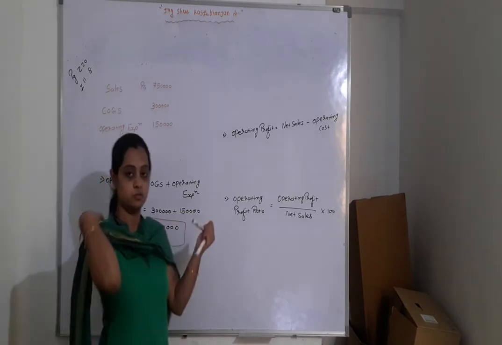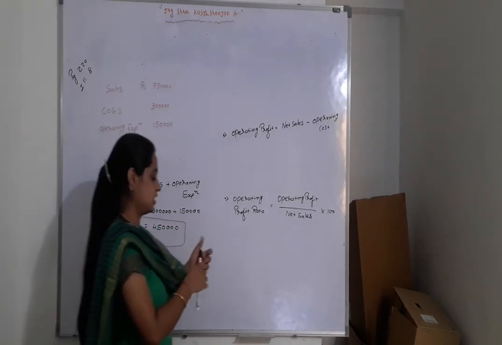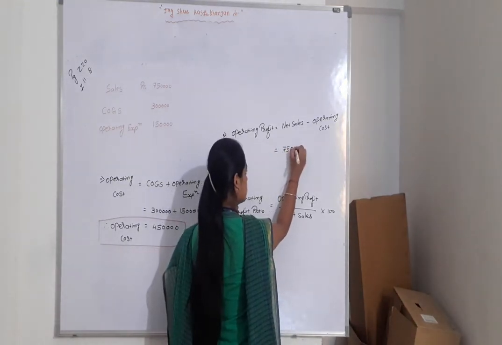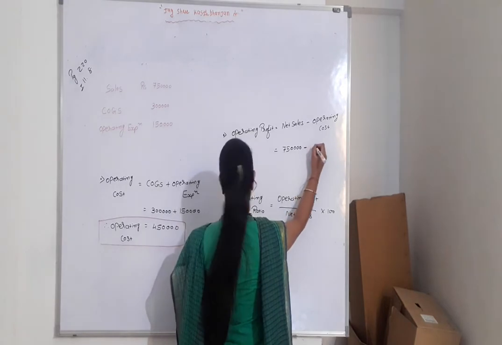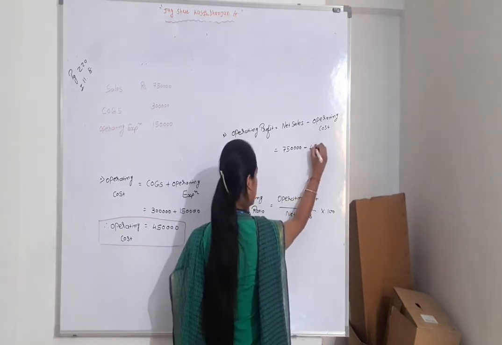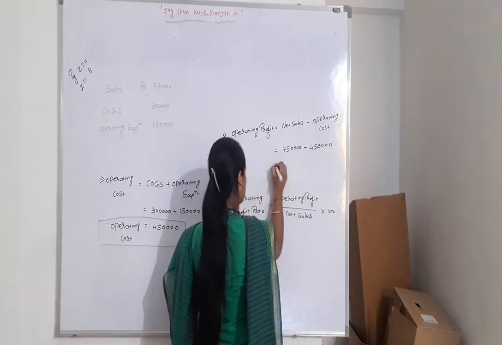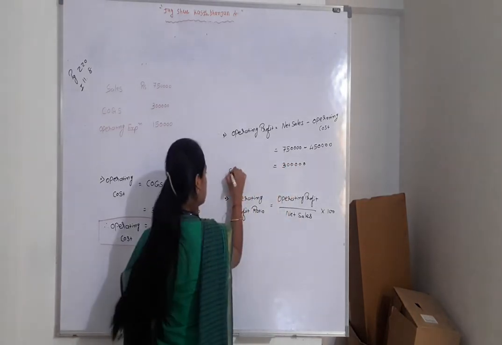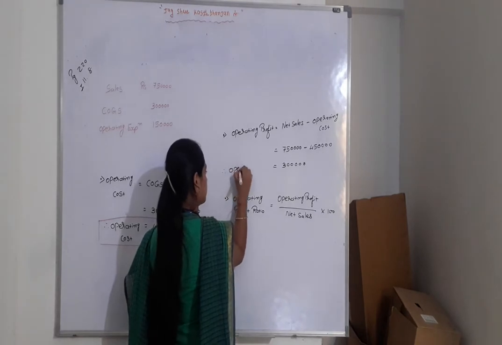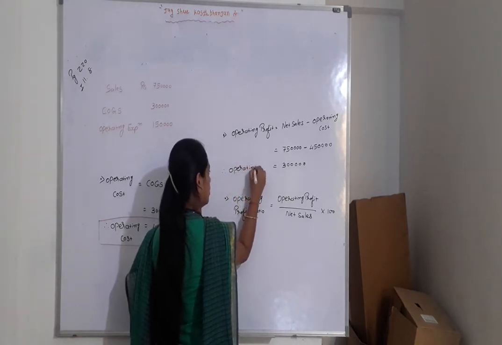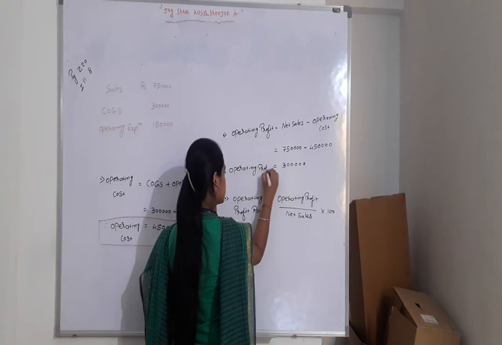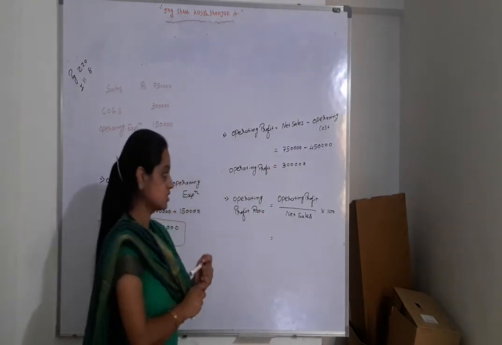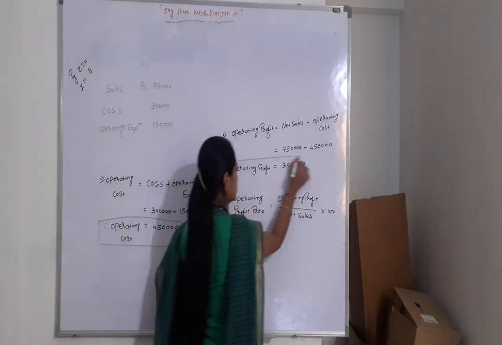Now we can find operating profit, right? Net sales is 7,50,000 minus operating cost 4,50,000. Then our operating profit will be 3 lakh. Now we get both the things, operating profit and net sales.